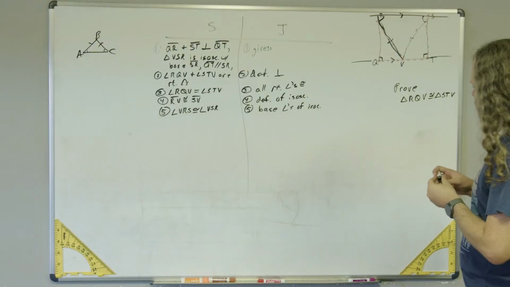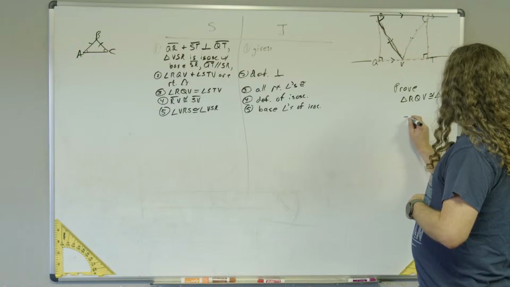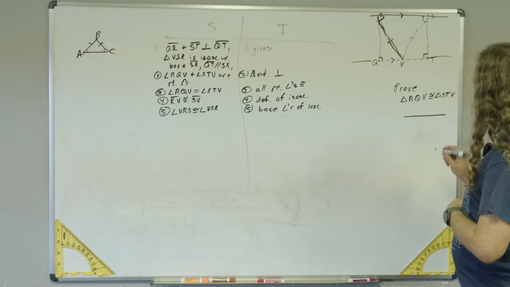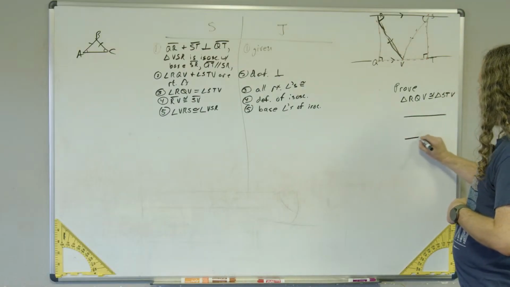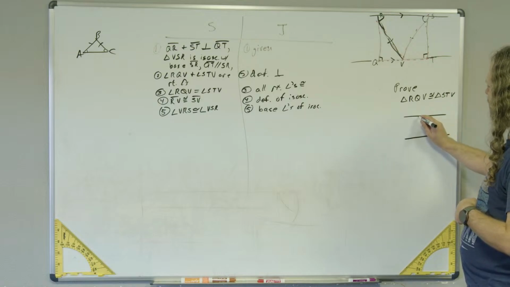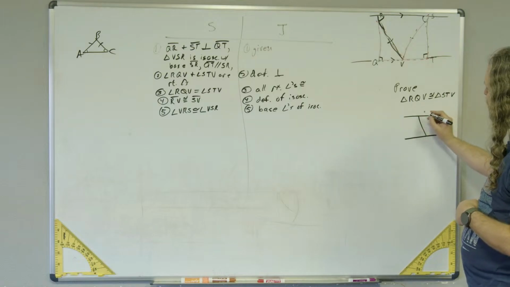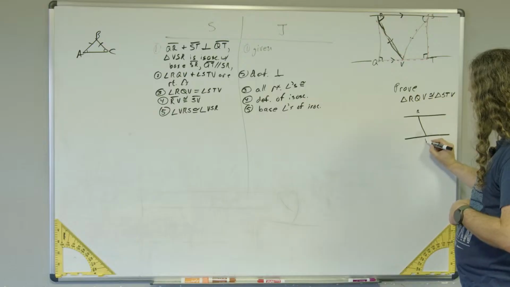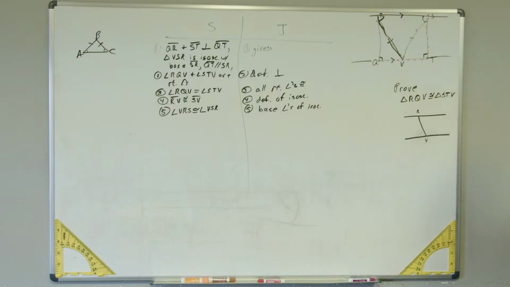We've got all kinds of things. If we do some of these individually, we've got a couple of parallel lines. We've got RV, right? Got a T over here and a Q and an S. What can we say around this transversal?